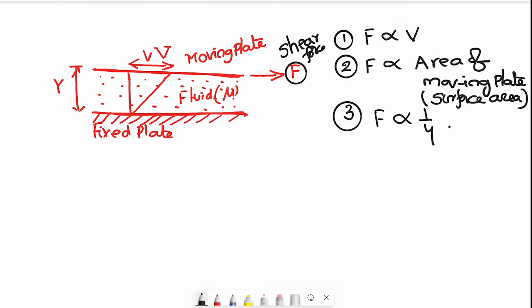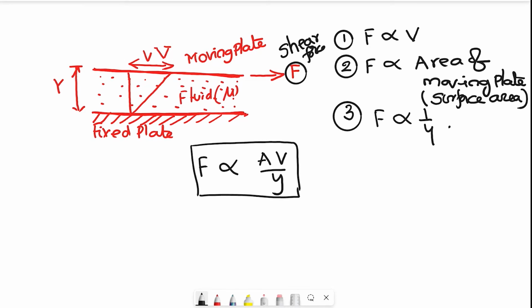If you combine all these things, the result is F is proportional to A V by Y. And actually, this is also confirmed by experiments.